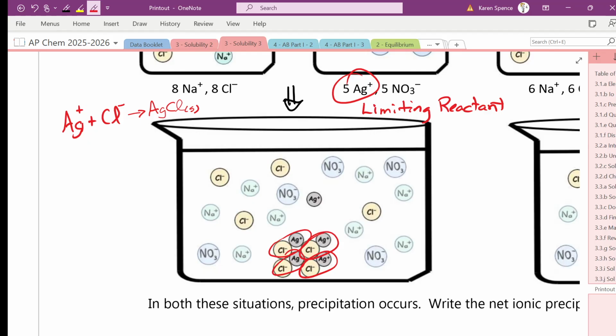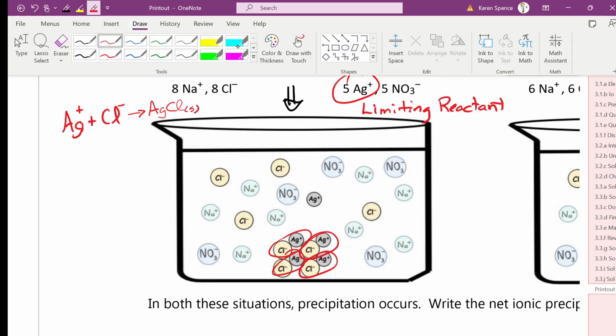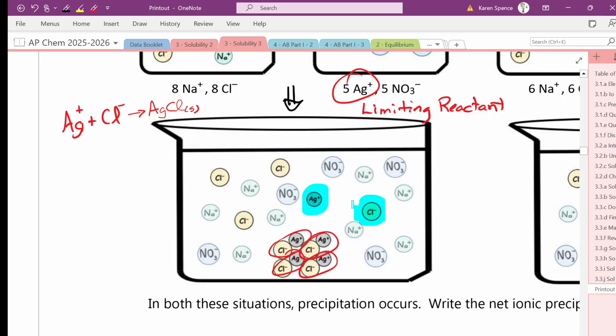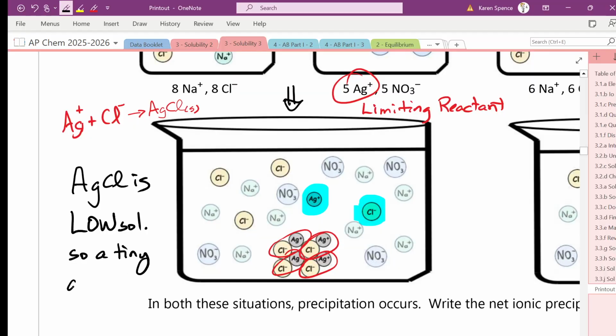It's low solubility. So we still have a little bit dissolved, because AgCl is low solubility, so a tiny amount remains dissolved. I can't draw enough to make this actually look like a tiny amount.